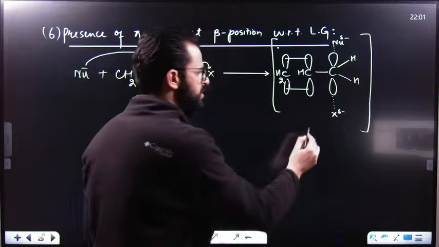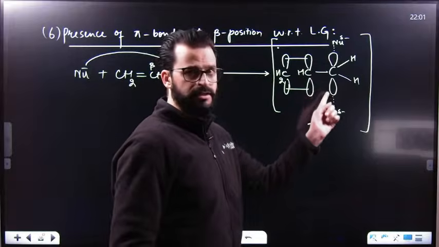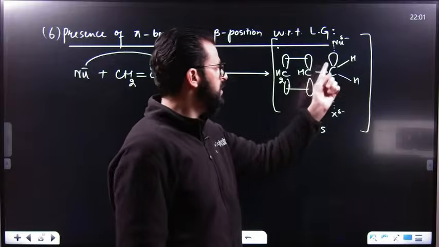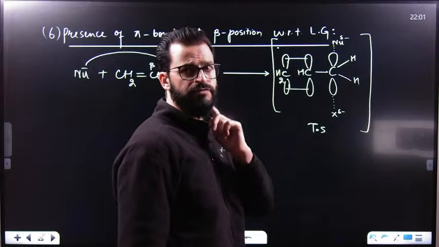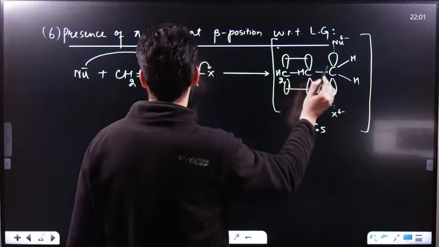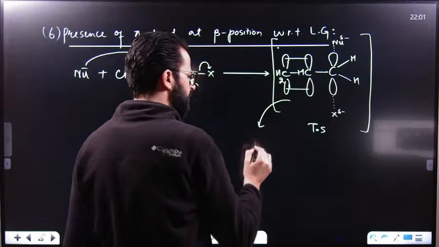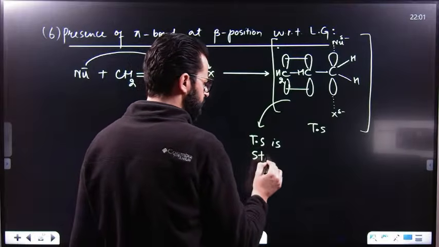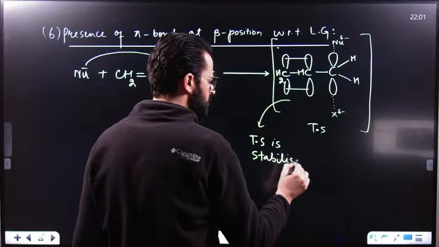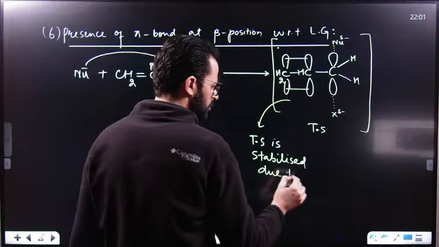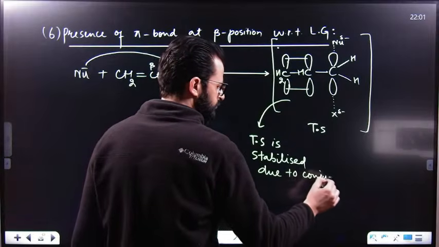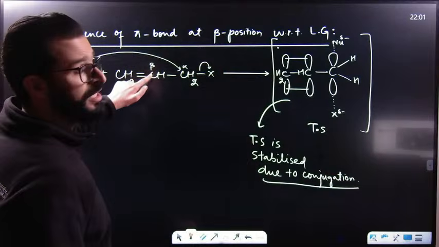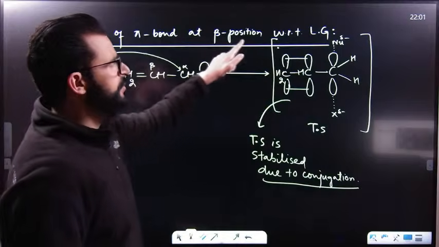Have a look towards this transition state. This orbital and this orbital are in conjugation, that means parallel and within the same plane with respect to each other. If they are in conjugation, I can simply say the transition state is stabilized due to conjugation when there is a pi bond at the beta position with respect to the leaving group.